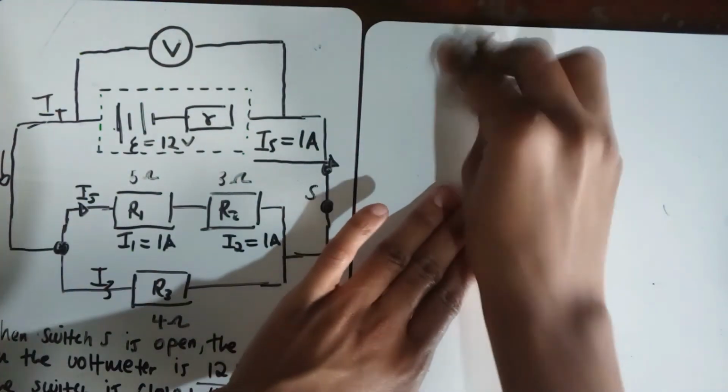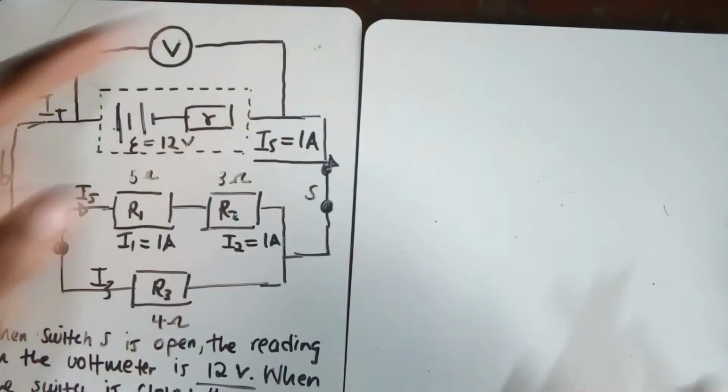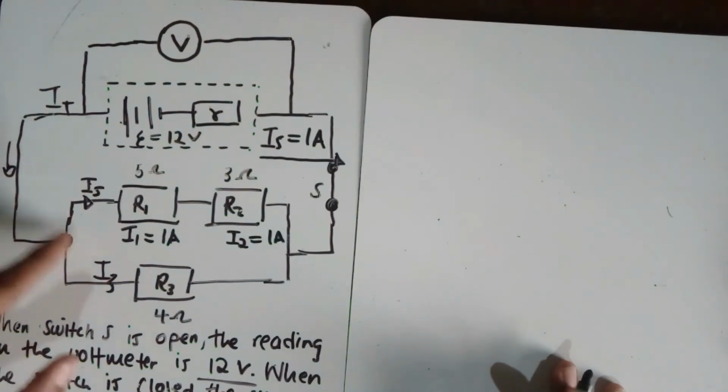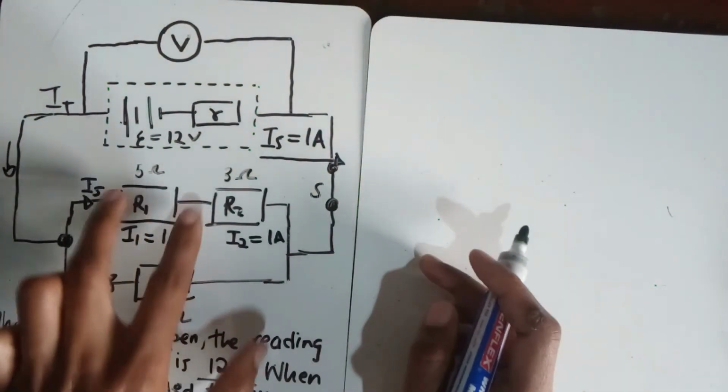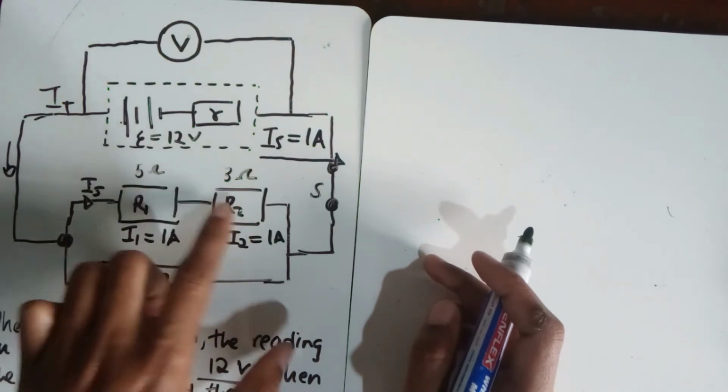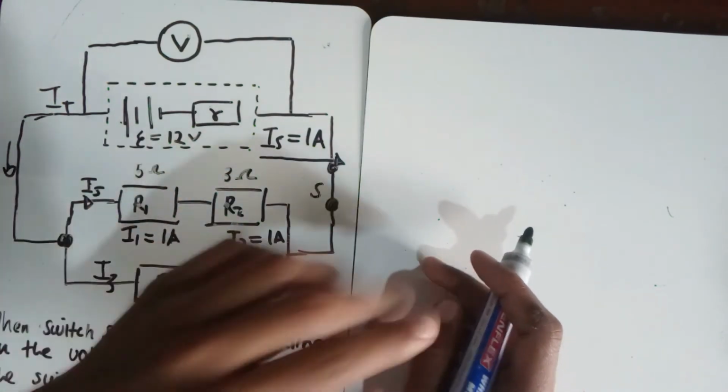A different way of proceeding would actually be to use the ratio. So how do we do that? The first step I would say, just reduce these two resistors into one resistor, which we call RS.